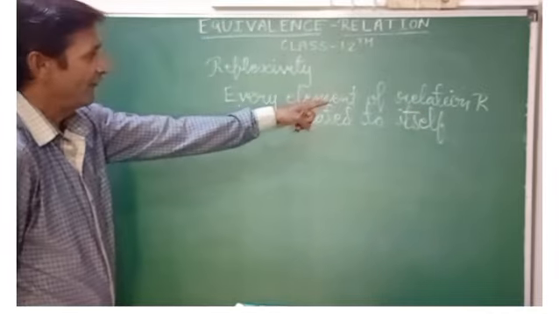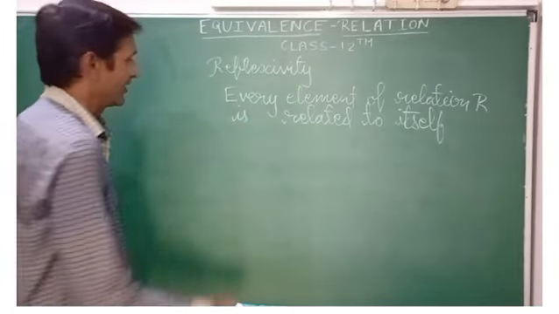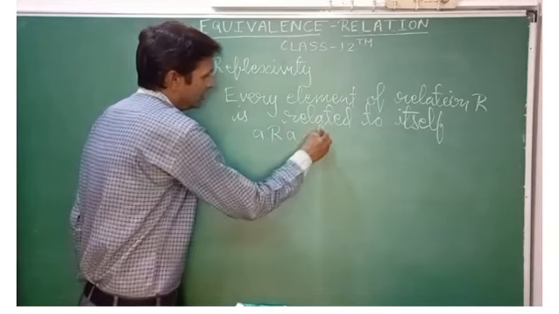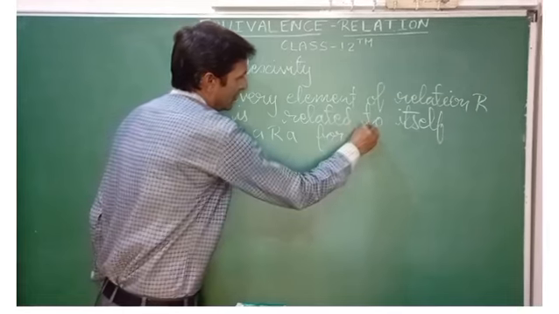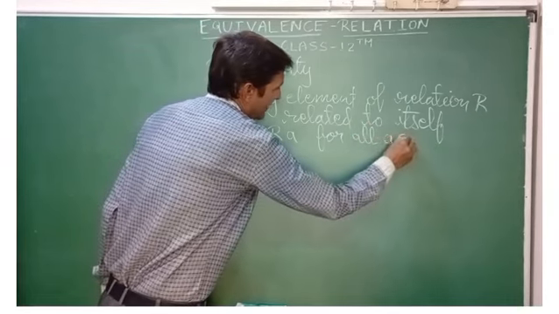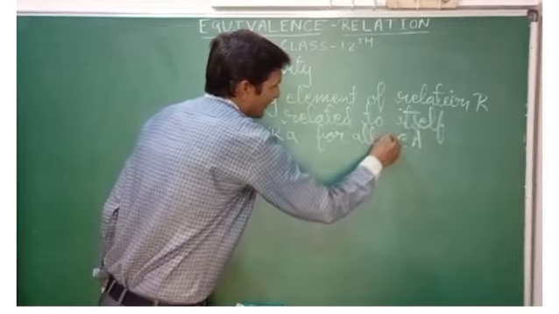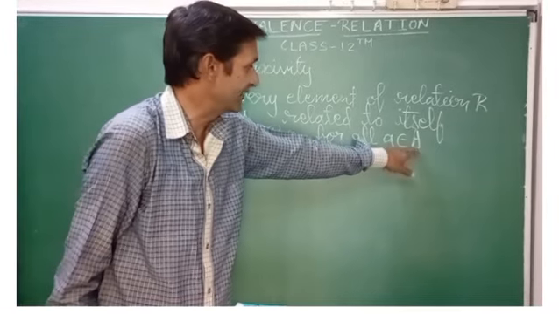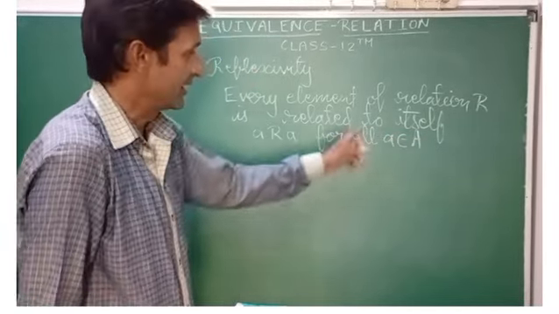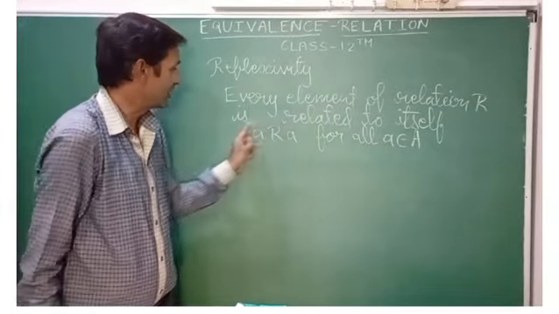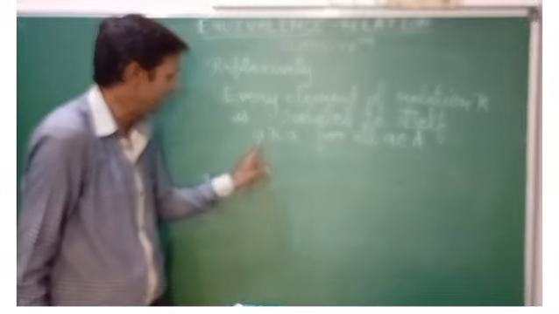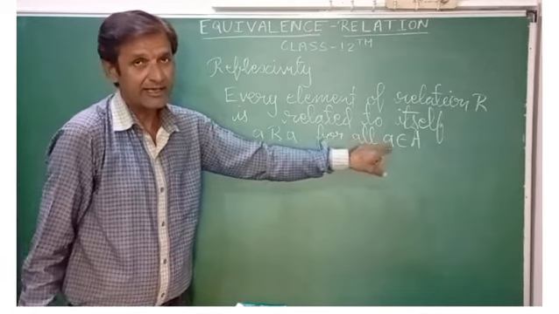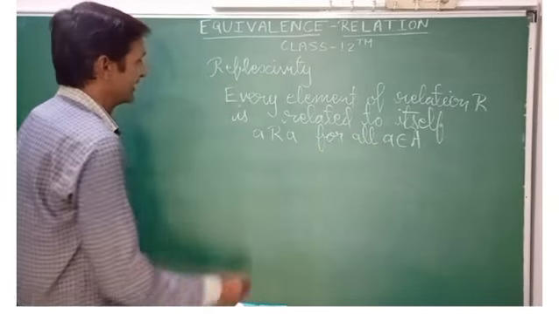Every element of relation R is related to itself. Means a is related to a for all a is an element of capital A, where capital A I have already explained in the starting that it is the set A on which we have taken relation R. So a is related to a because it is itself, for all a in A. So this is known as reflexivity.